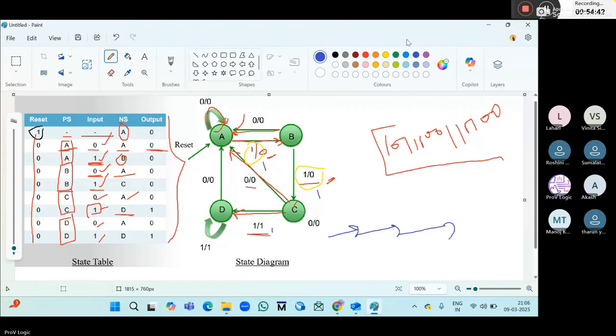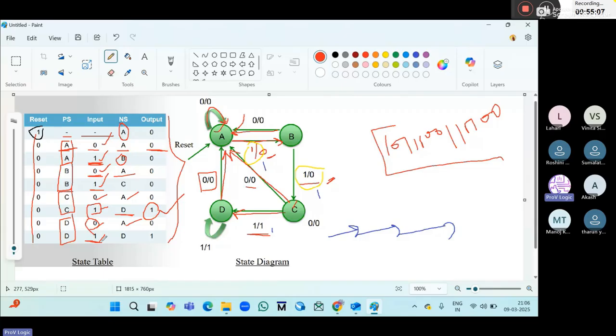Next, D, the fourth state. 0 means A. Here the output we got 1 because it is detecting. For D, with input 0, it is going to A, output is 0 for the 0 transition.